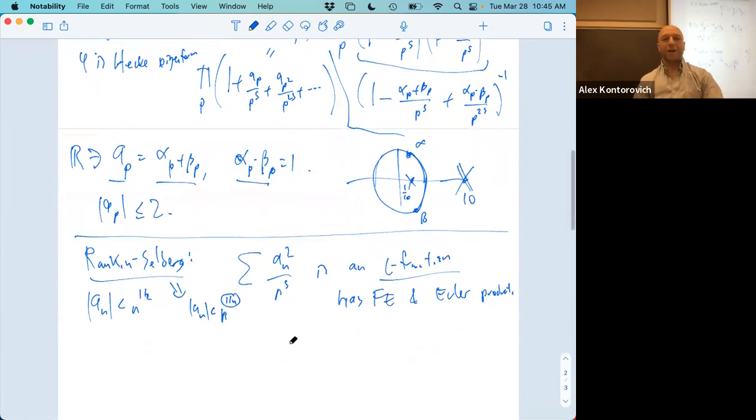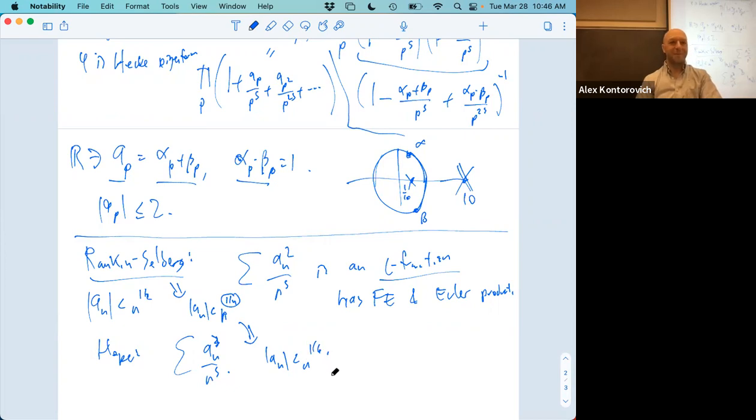And so there was a hope that if you could make sense of something like a_n cubed over n to the s, if this was an L function with a functional equation and an Euler product, then you would reduce this down to a_n is bounded by n to the 1/6. And if you could do the 4th power, if these other Dirichlet series were L functions, then you could whittle your way down to n to the 0, which is Ramanujan.